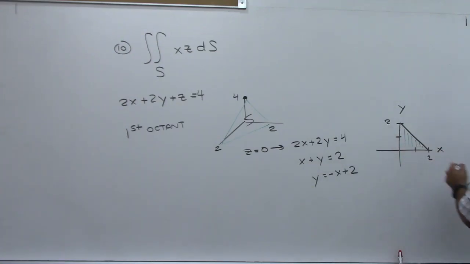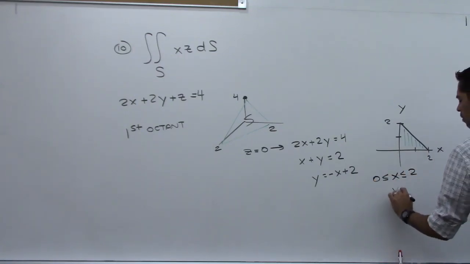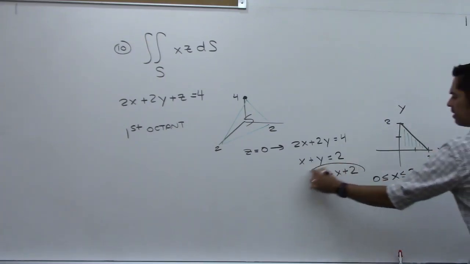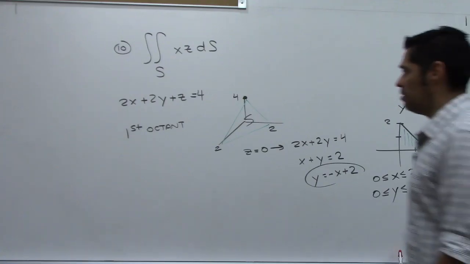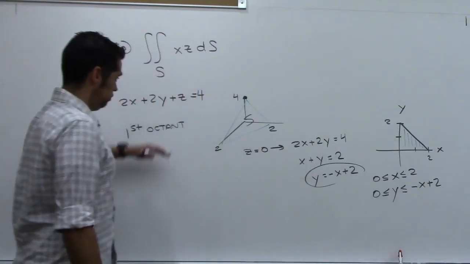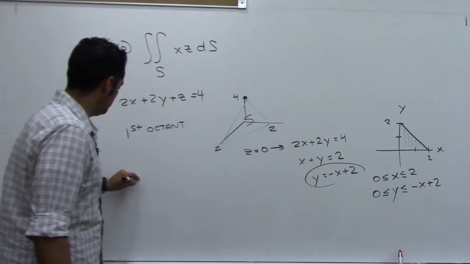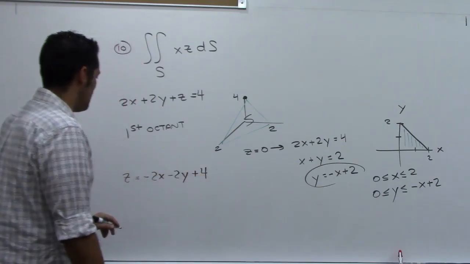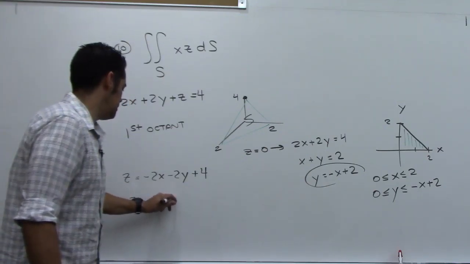I can actually draw that surface pretty easily. If I look at this down on the ground as a type 1 region, my x is between 0 and 2. My y is between 0 and this line, which is negative x plus 2. And I should be okay to use a special case here, because I can solve this for z, so z is a function of two variables.